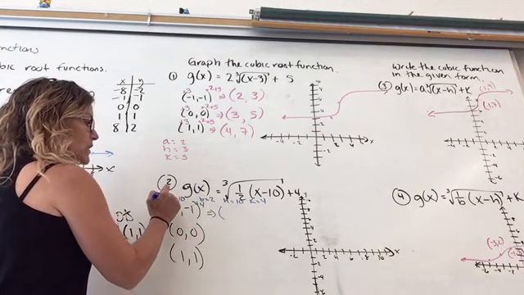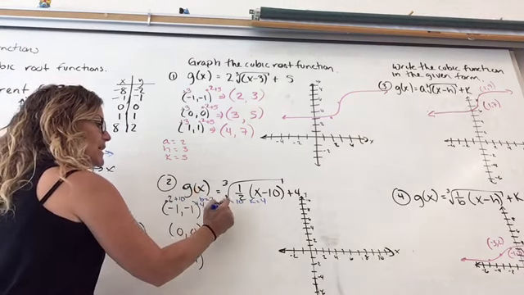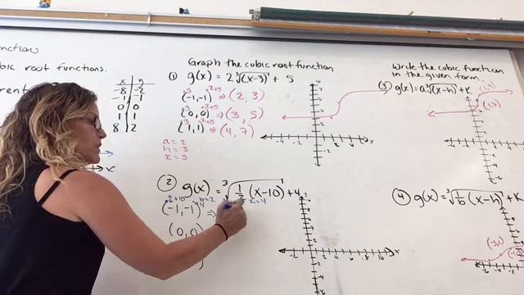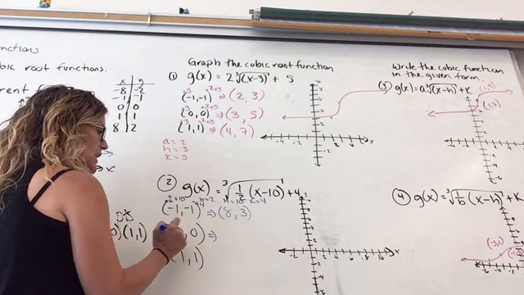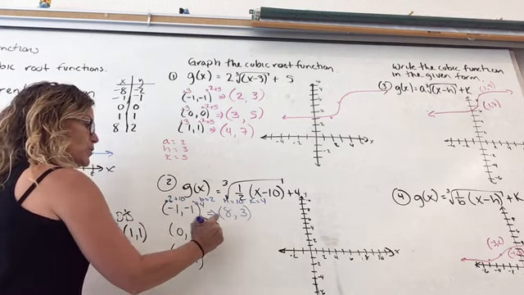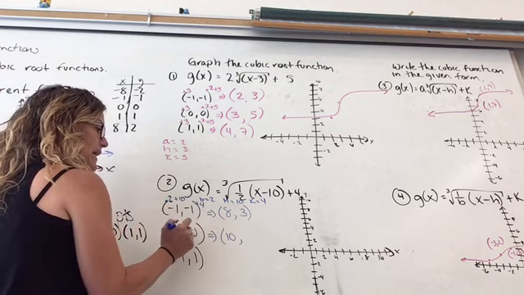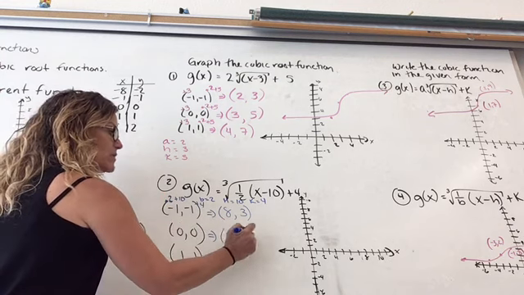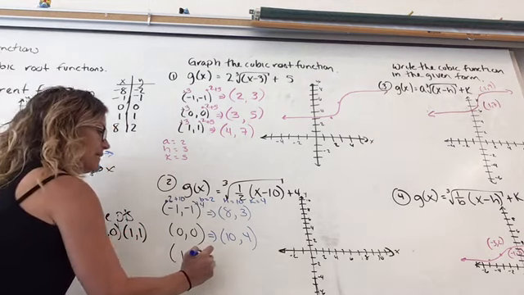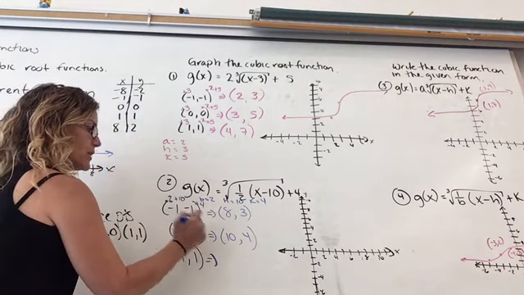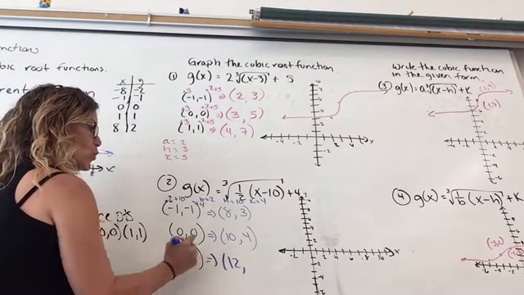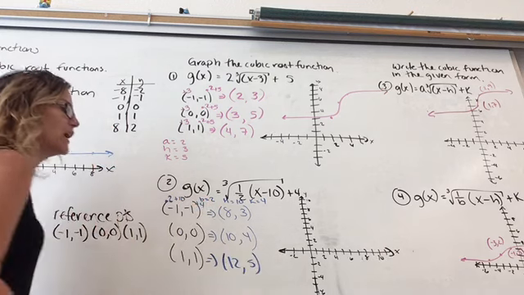Here we go. -1 times 2 is -2, plus 10 gives us 8. -1 plus 4 is 3. 0 times 2 is 0, plus 10 is 10. And 0 plus 4 is 4. And then here, 1 times 2 is 2, plus 10 is 12. 1 plus 4 is 5.